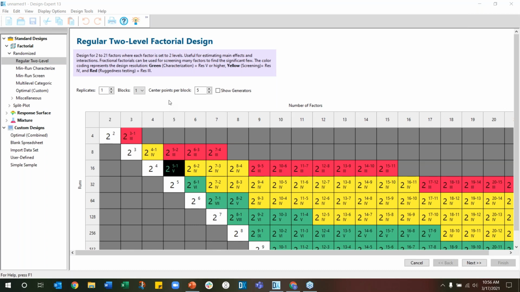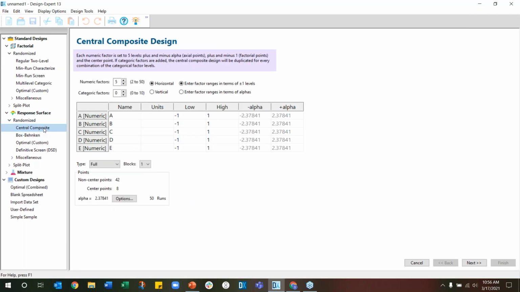If you have a bigger budget and you want to do full optimization and you think that the relationship is nonlinear, you think you might need a quadratic polynomial, then you need to go to the response surface designs, which can be found here.